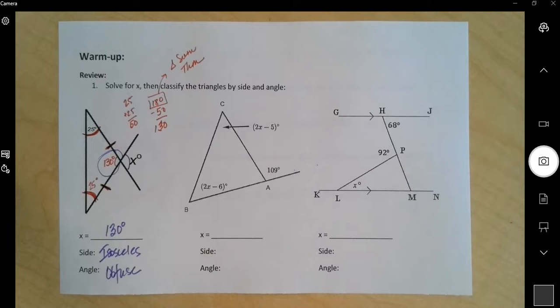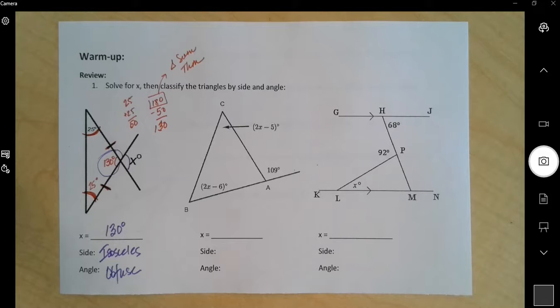I only have 180 degrees to go around. So if one of them equals 90 degrees, I only have 90 left, and I don't get a triangle out of two 90-degree angles. If one of them is more than 90 degrees, and the other one is too, I'm never getting a triangle out of that. We need to make sure we have a way for the angles to come together.